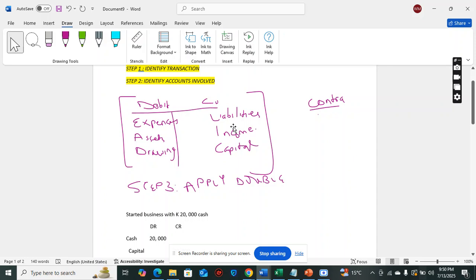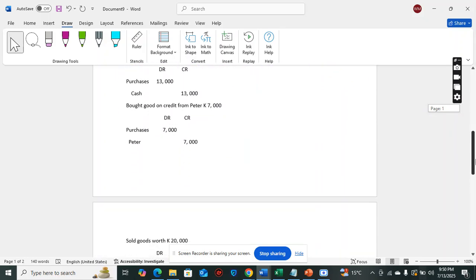So a contra revenue account means you're going to have to debit it, because it reduces your revenue. So for sales returns, whenever there's a transaction with sales returns, you debit sales returns. Why? Because it's reducing the revenue. So it's a contra revenue.